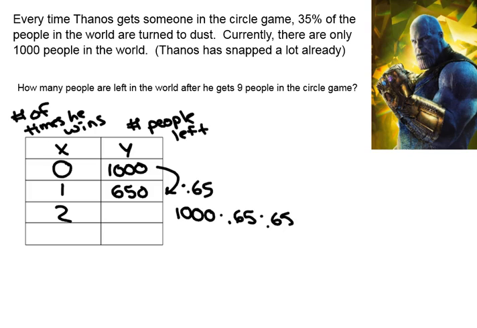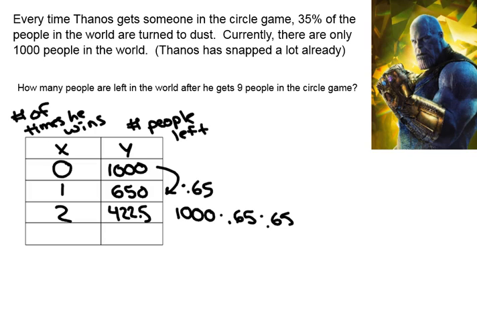Assuming that I didn't know what it was for 1, I'm just going to go all the way back to 0 and start with 1,000. So let's see what that is. I'll put that in my calculator. And we get 422.5. So I don't really know what happens with that person, if it's just a half a person or if it rounds down or rounds up. I don't know how the infinity gauntlet works. Nobody's ever given me a chance with it.